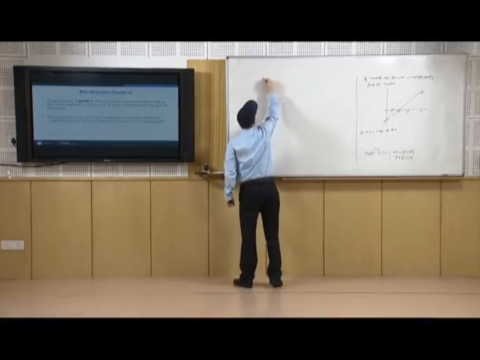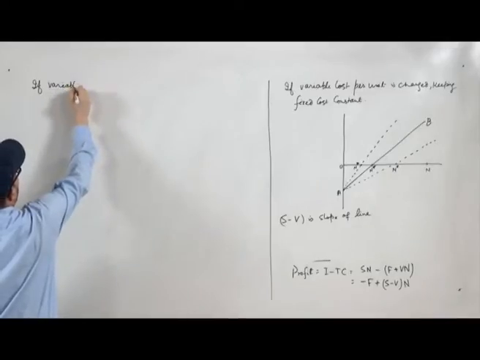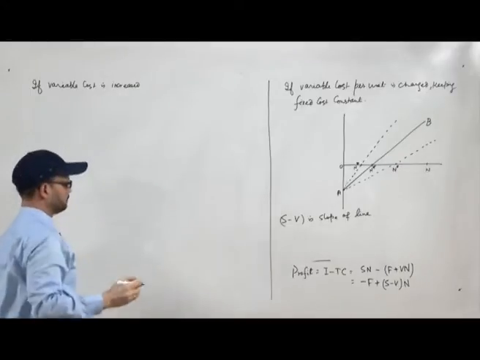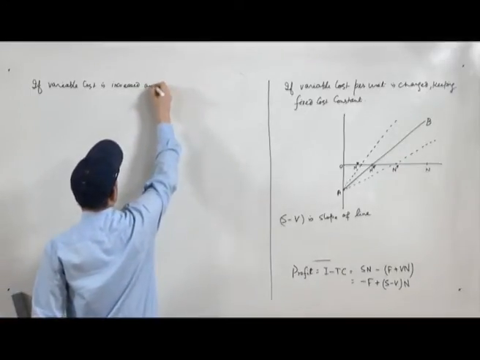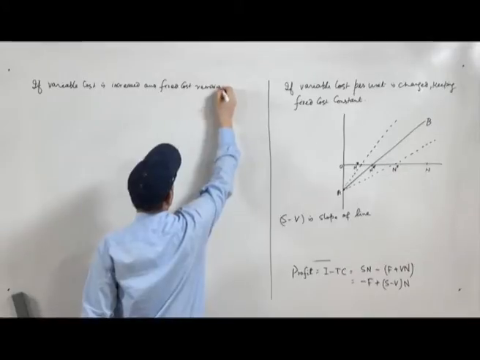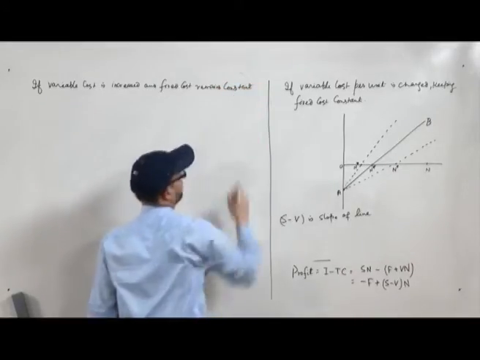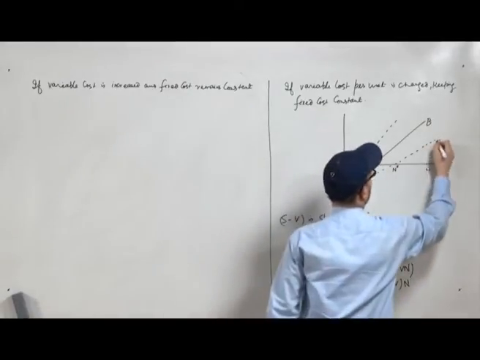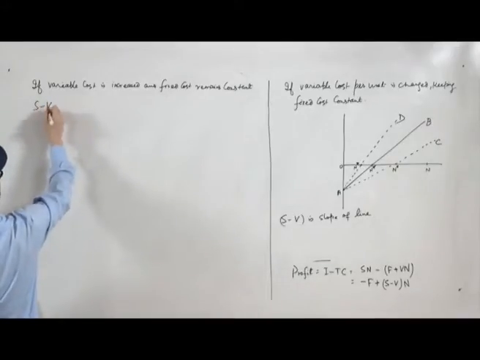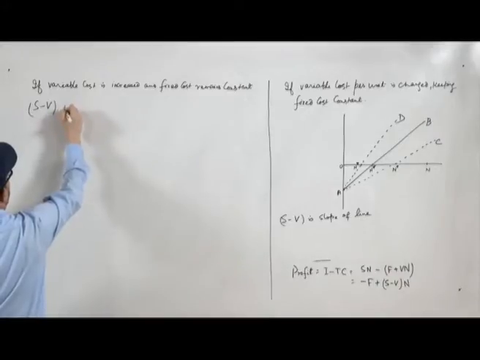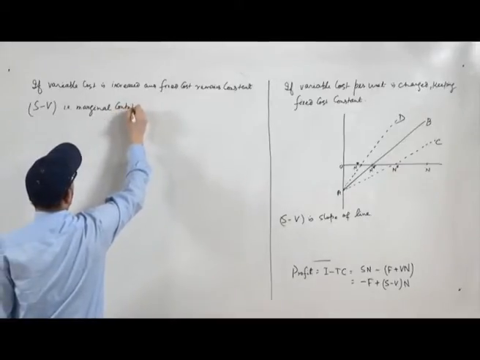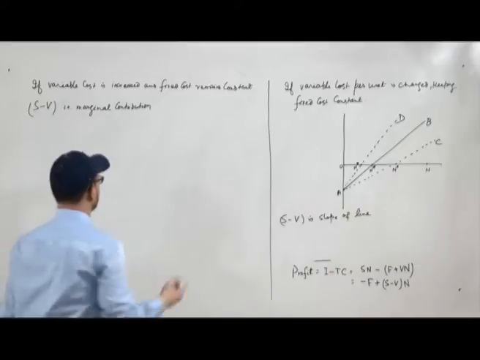If variable cost is increased and fixed cost remains constant, S minus V, that is marginal contribution, decreases.